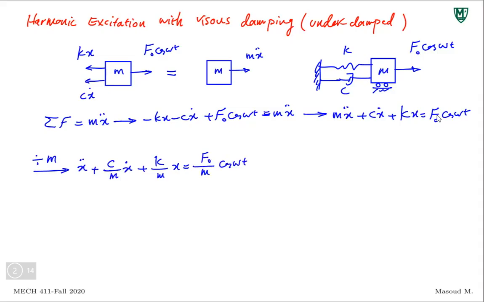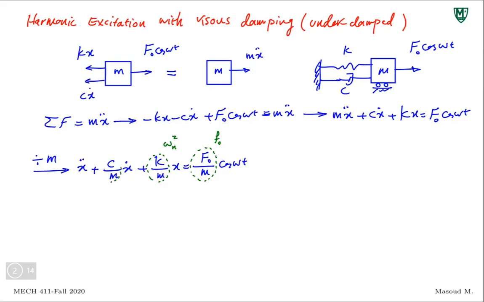It's just rewriting the equation of motion in a form that is easier to deal with, or at least easier to interpret. Remember, I introduced in the previous class uppercase F naught over m, and I said let's just take that as lowercase f naught. K over m is omega n squared.